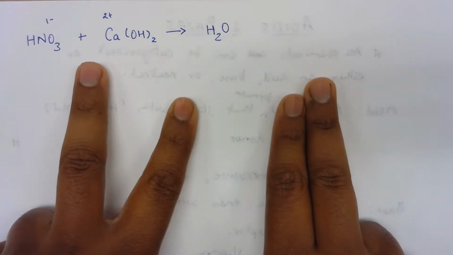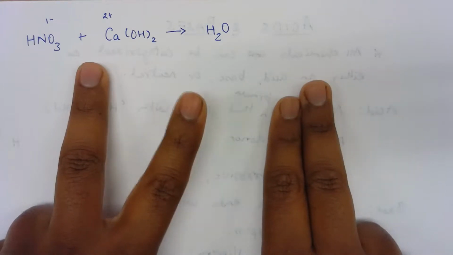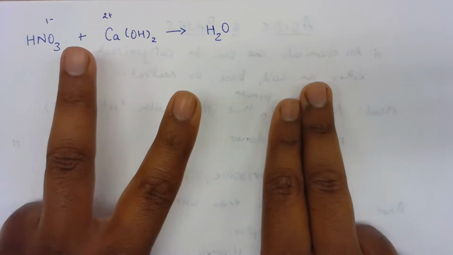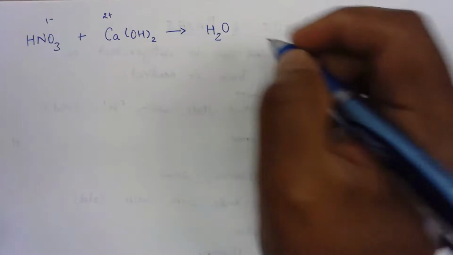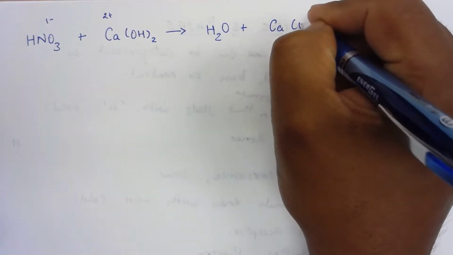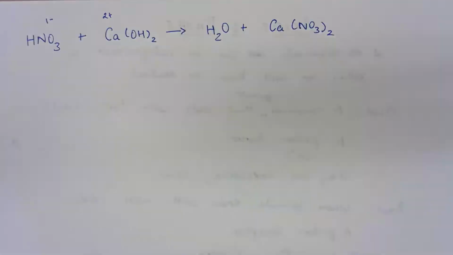Is that enough to cancel each other out? Because I have 2 positives and I have 1 negative. So 1 calcium and 2 nitrates, which is basically the same as switching, right? Ca(NO3)2.